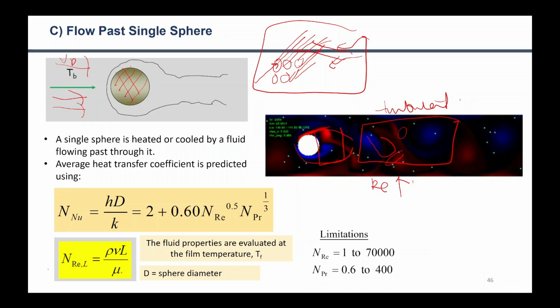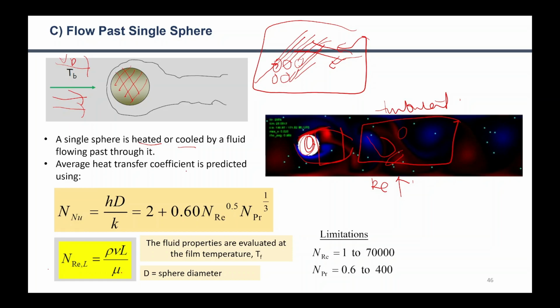So that's why we need to do analysis based on the external flow past these spherical bodies. Normally, the single sphere is either heated or cooled by the fluid flowing past it.